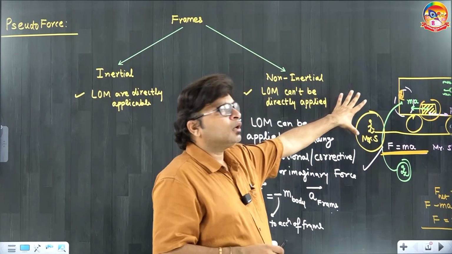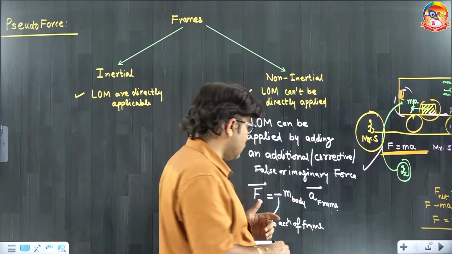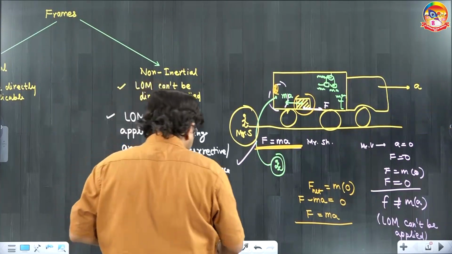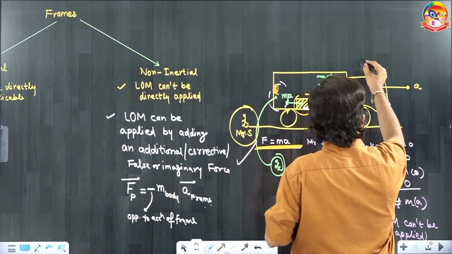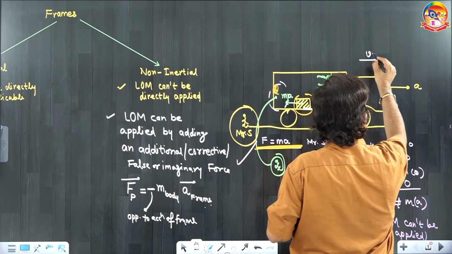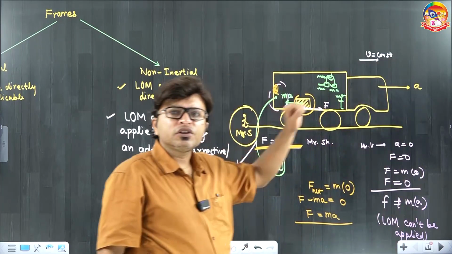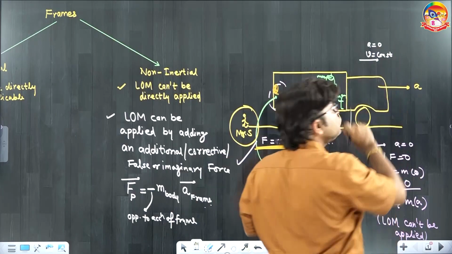If you see this example, the truck was accelerating with respect to the ground. Let's take the same case again. If the truck would not have been accelerating, suppose it would have been traveling but with constant velocity. If its velocity would have been constant, what will be the acceleration, beta? Acceleration will be 0.